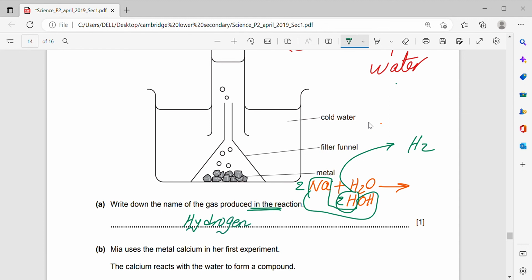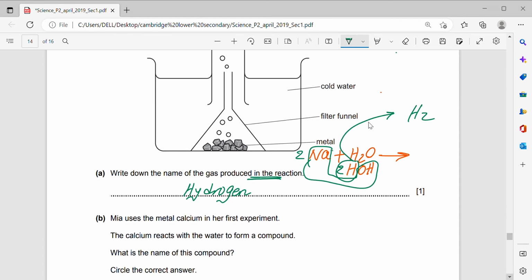Okay? Mia uses the metal calcium in her first experiment. The calcium reacts with the water to form a compound.